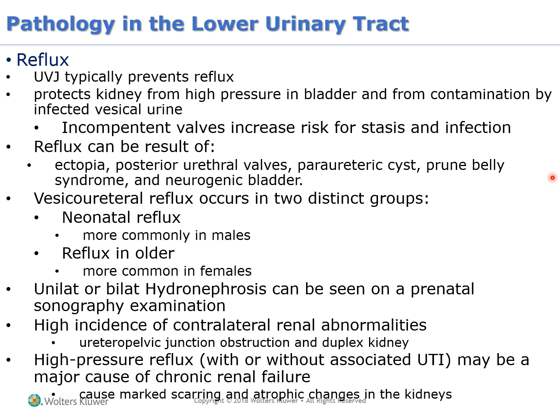It does have a high incidence of contralateral renal abnormalities, meaning just because the effect is on one side, oftentimes on the contralateral side we see additional abnormalities as well. High pressure reflux, like that caused by obstructive disorders, with or without urinary tract infections, can be a cause of chronic renal failure.